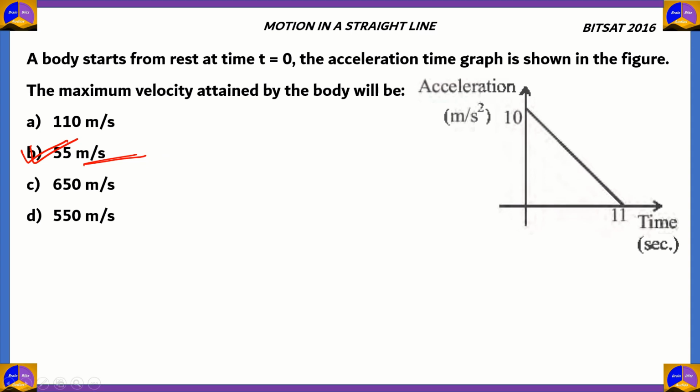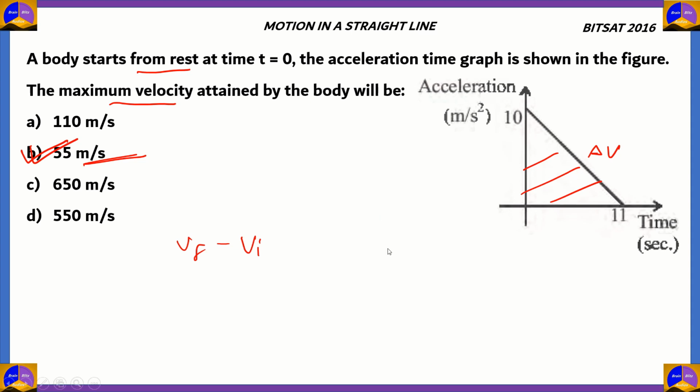So the trick here is to use the acceleration time graph, so we will get delta V here, and we can take delta V as the change in velocity between the rest position and its maximum velocity. So after we found out delta V, it's a piece of cake to find the maximum velocity by using v final minus v initial.